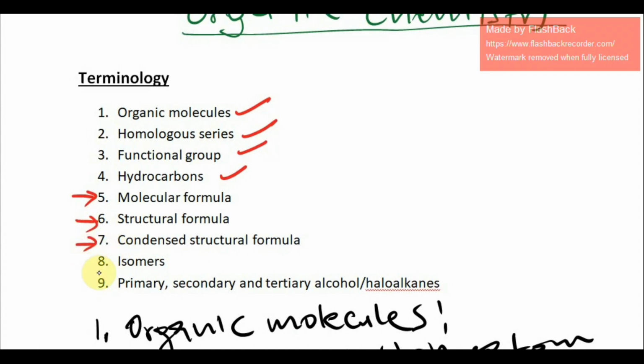Then in another video we are going to talk about maybe the isomers, then the types of alcohol: primary, secondary, and tertiary alcohol.